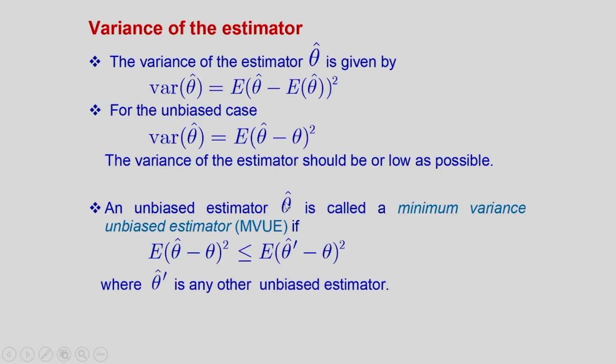An unbiased estimator theta hat is called a minimum variance unbiased estimator, MVUE, if E of (theta hat minus theta) whole square, that is the variance of theta hat, is less than or equal to the variance of theta hat dash, where theta hat dash is any other unbiased estimator.